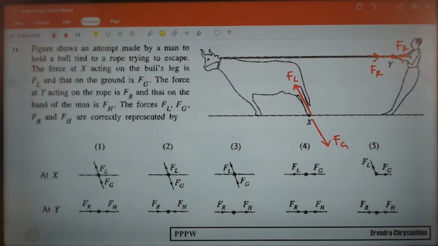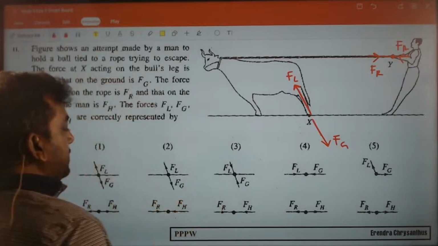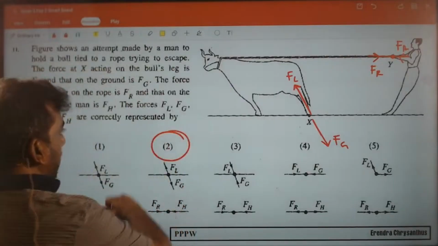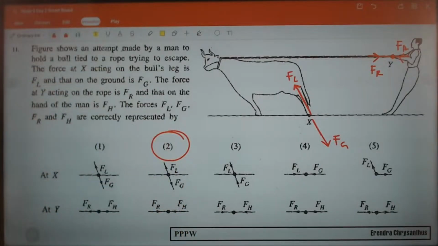So where is this given? Fl, Fg, Fr, Fh. Correct answer is number 2.